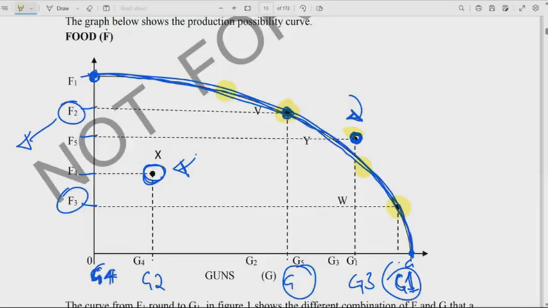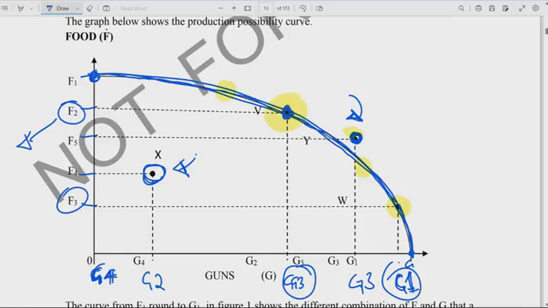I'm not sure, but I think G3 is supposed to be somewhere here. So they were talking about this point right here, where F2 and G3 are. If we were to choose that point, we should know that we could have produced F1, that is more.